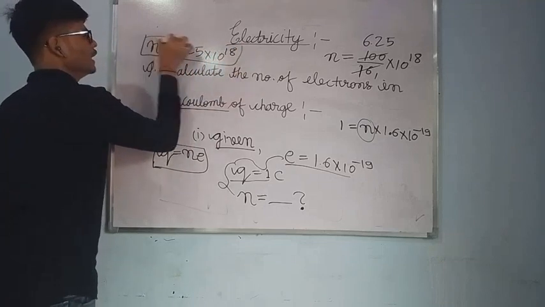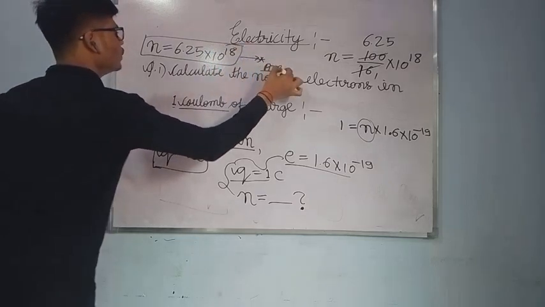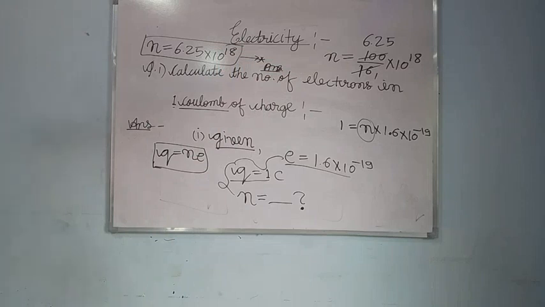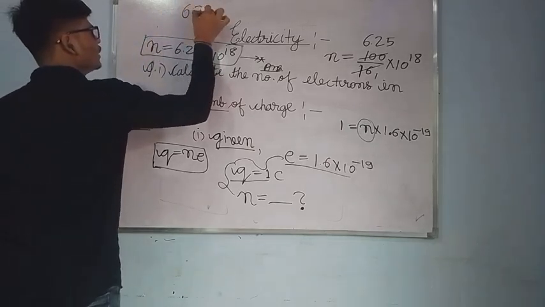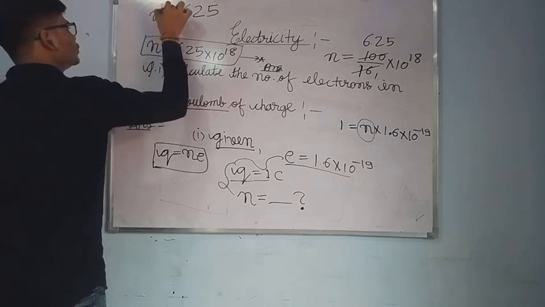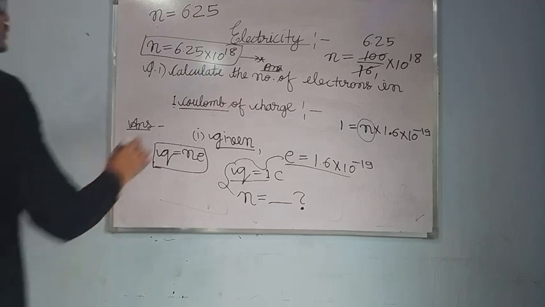How big is this value? Do you know what scale this is? A very large scale. 6.25 into 10 to the power 18 electrons means 625, and after that you have to add 16 zeros.